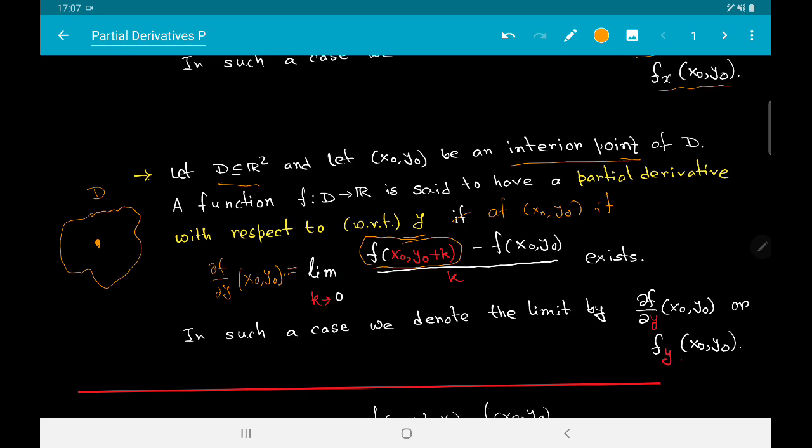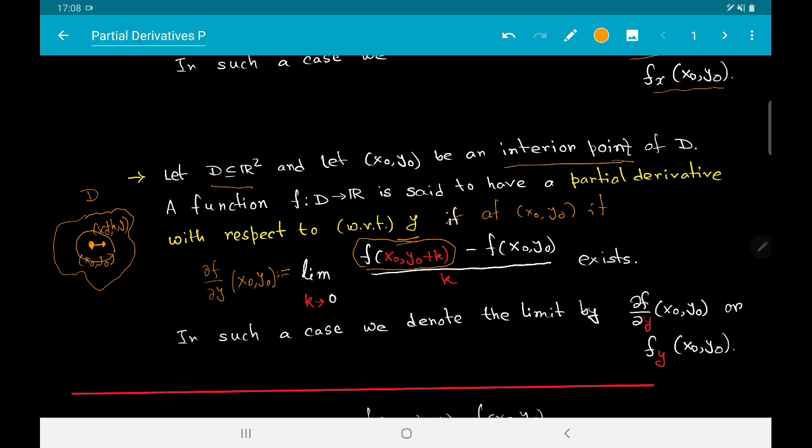If I want to pick up a point whose coordinate is x0 plus h comma y0, then we just draw a horizontal line, and a point like this will be of this form. But since this is an interior point, there is a small disk around this point x0, y0, such that this disk is contained inside our region D.